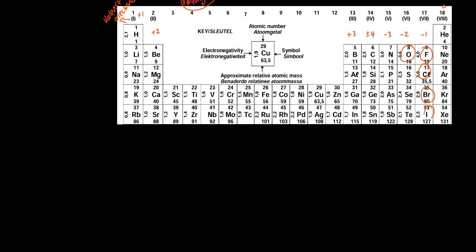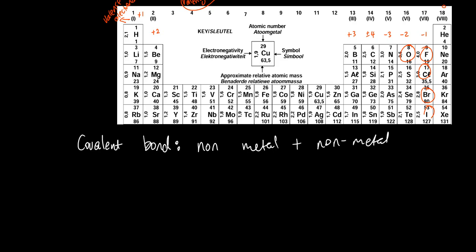We also did this in grade 10, but it's fine. How do we represent covalent bonds? What is a covalent bond? This is a bond between a non-metal and a non-metal. That is what we call a covalent bond: a non-metal and a non-metal bonded together.